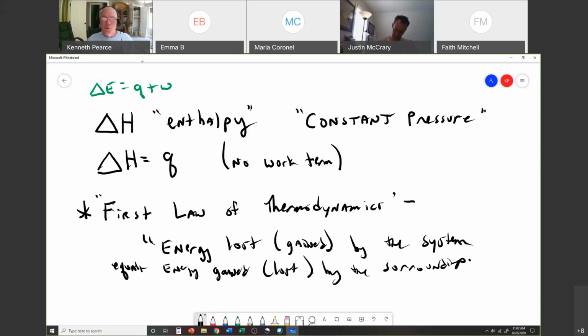This is one way of stating the first law of thermodynamics: energy lost by the system is the same as energy gained by the surroundings. Another way of saying it is, you can't create or destroy energy.